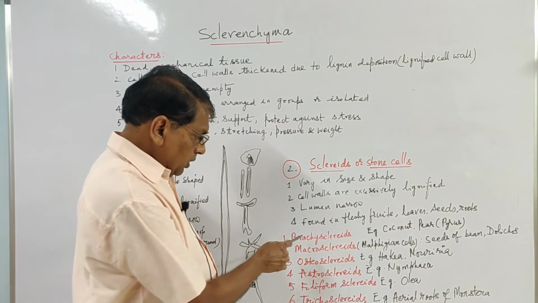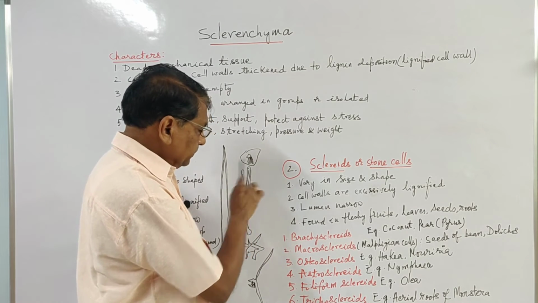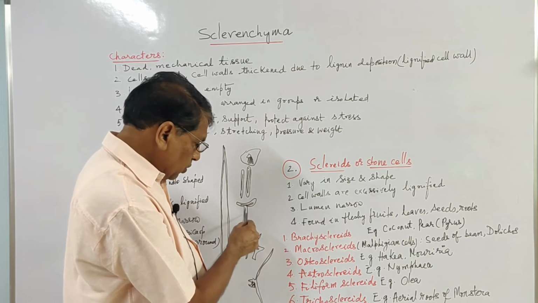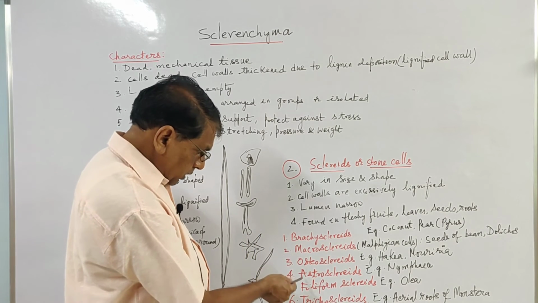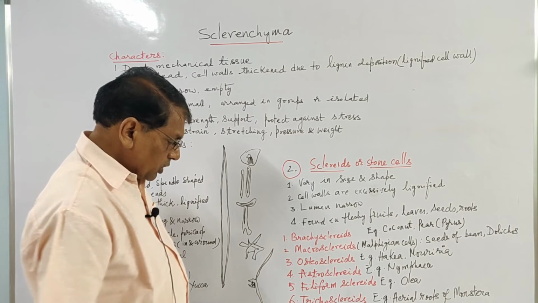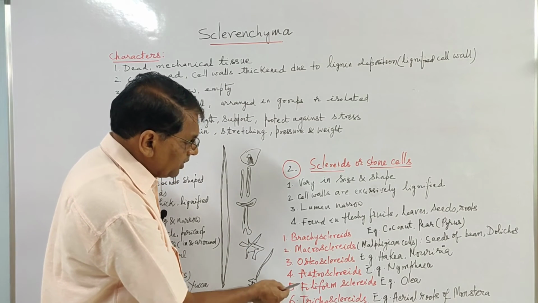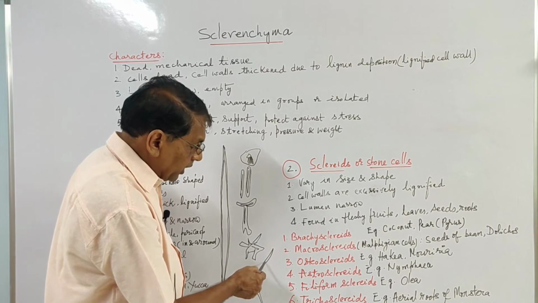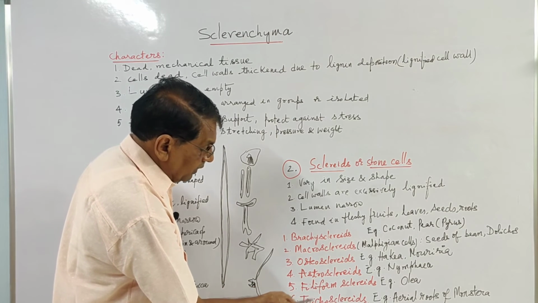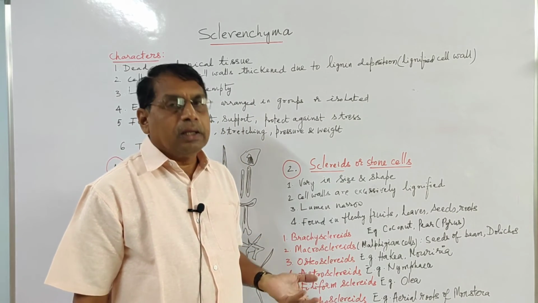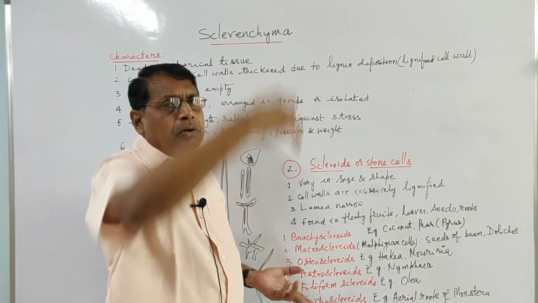So thus brachysclerides, macrosclerides, elongated, osteo, bone shaped, then astro, star shaped. These two are elongated, narrow. How much elongated depends upon how narrow, and accordingly filiform and tricho. Tricho means hair like, very narrow, elongated.